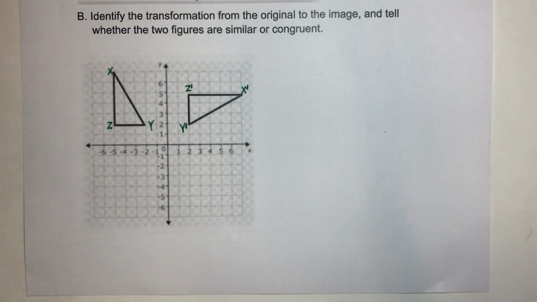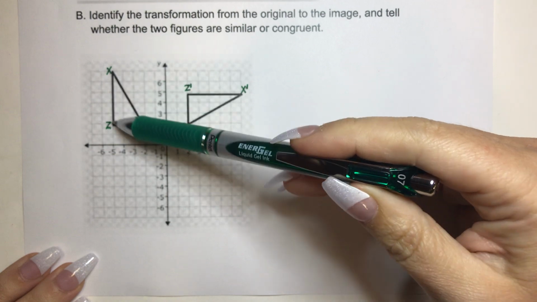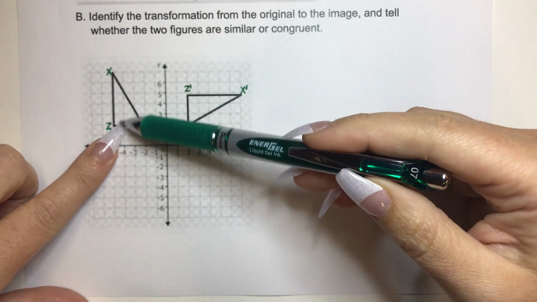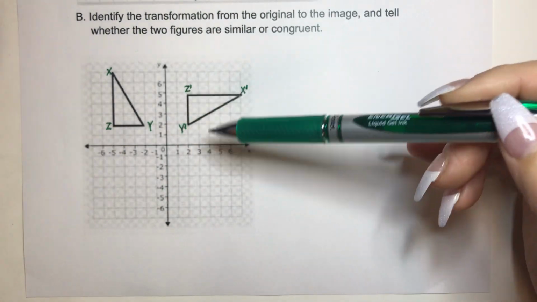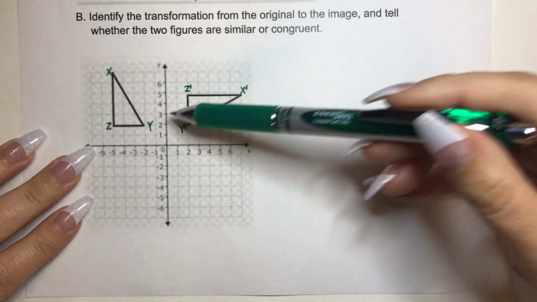The first thing, we just did a translation. That would be gliding, right? But if you look at this triangle, it is kind of pointing up here, and now it's pointing to the right. So it has totally changed its position. So this would not be a slide.